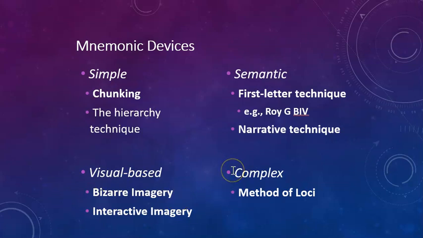And then a very complex mnemonic device is called the method of loci. And again, this one's very complicated, so we're not going to talk about some of these specific mnemonic devices, but I just need you to know that there's different types of mnemonic devices, and then know an example of each.